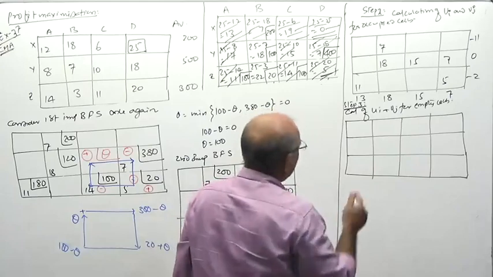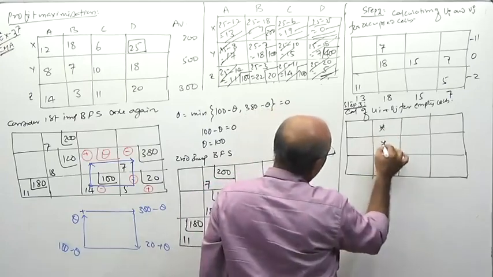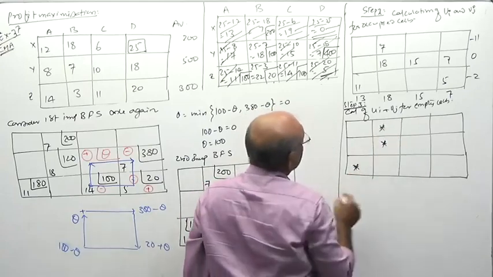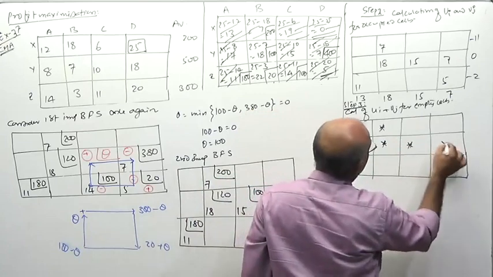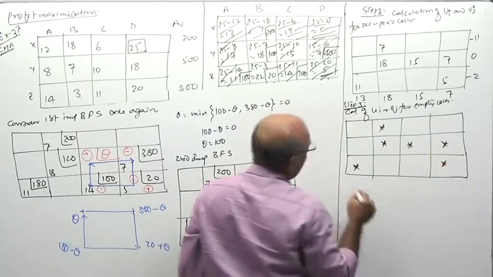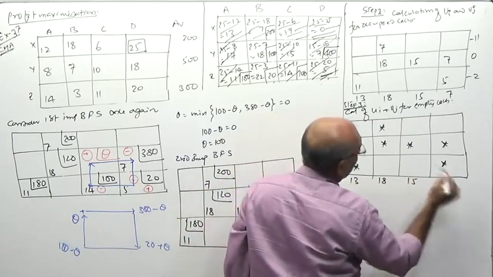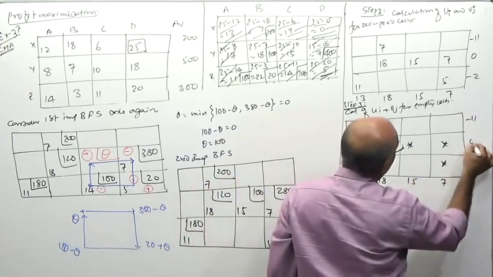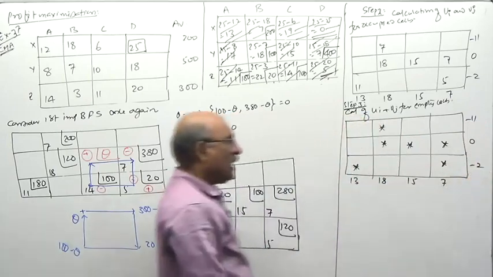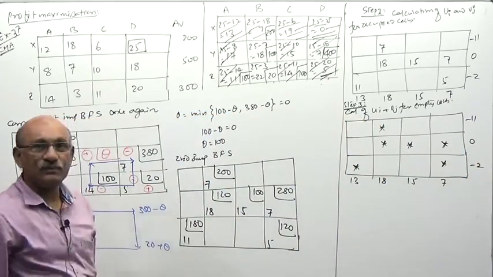Put an identification mark in the occupied cells, any one, any symbol. Write the Ui and Vj values: 13, 18, 15, 7, minus 11, 0, minus 2.